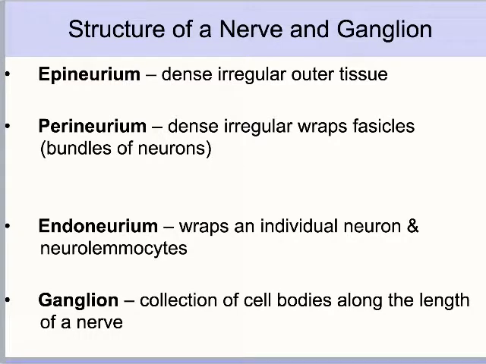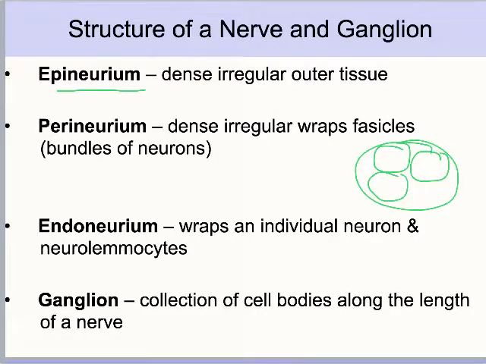So the epineurium is going to be the outermost layer. Then the perineurium is going to wrap up the fascicles that are inside of there. Then the endoneurium is going to wrap up inside of there.